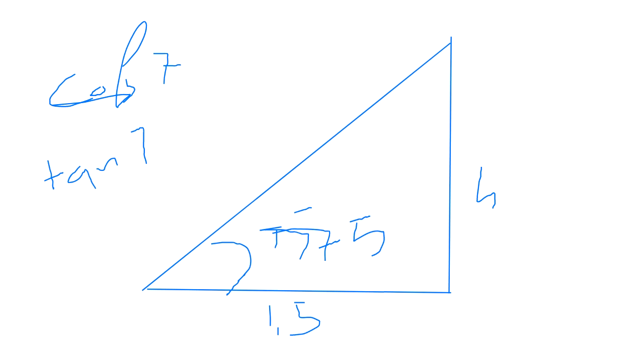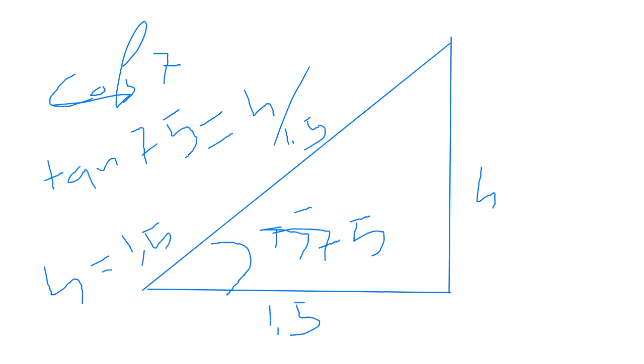Tan 75 equals the opposite, h, over 1.5. So h will be equal to 1.5 times tan 75.